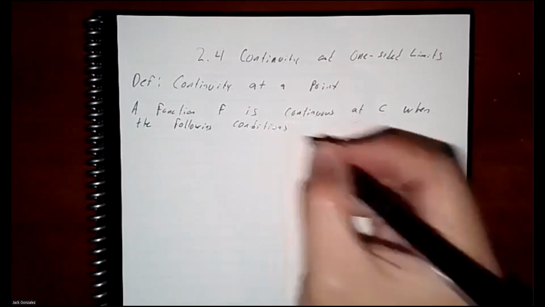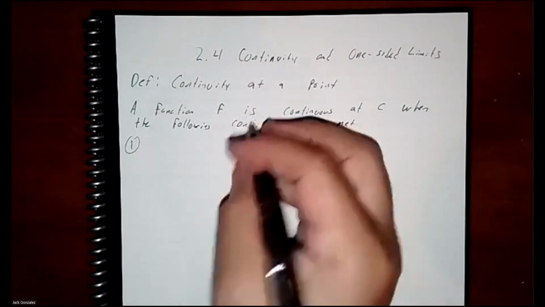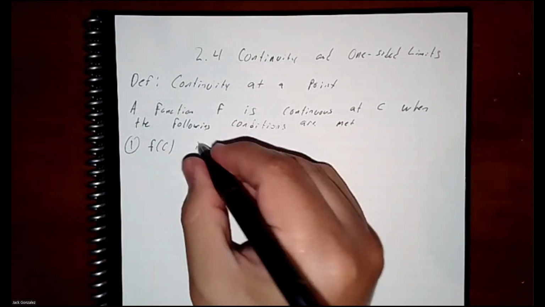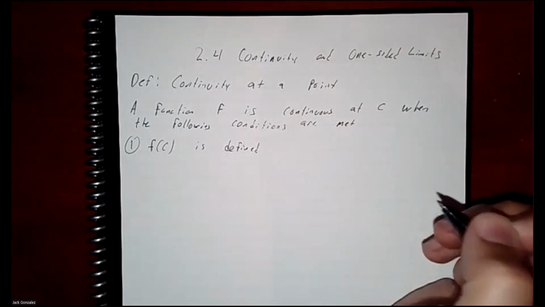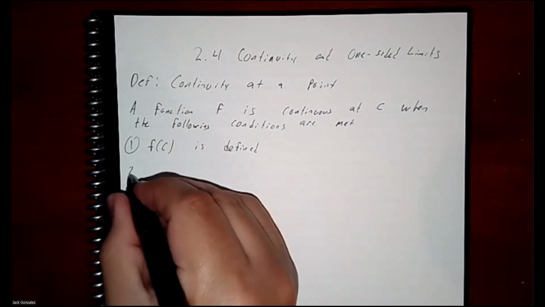And there's 3 conditions here. Number 1, f of C is defined. That means you can plug it in and you get a value at C. So that must be true.